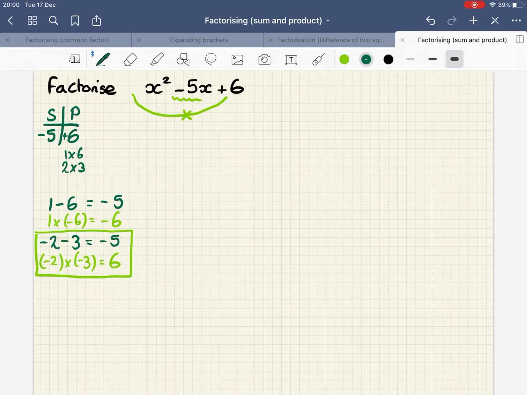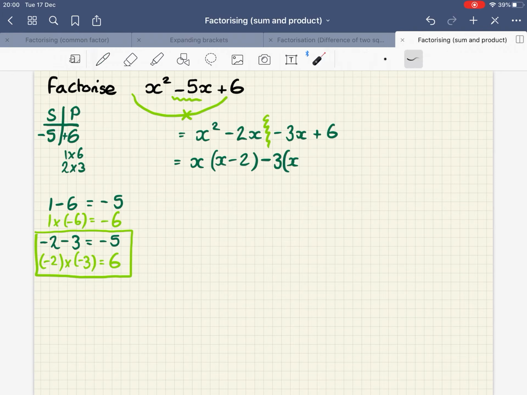So then going back to my original up here, I'm now going to have x squared minus 2x minus 3x plus 6. Dividing down here, I'm now going to have x bracket x minus 2. Taking the sign, it's going to be minus. My common factor now is 3.